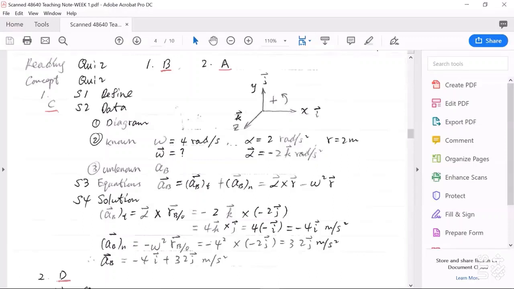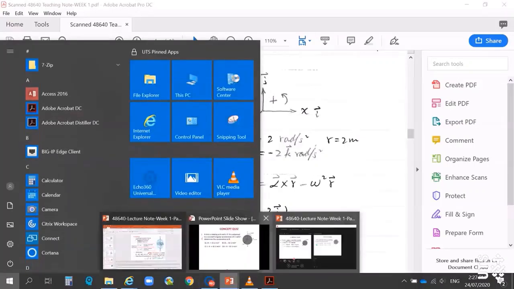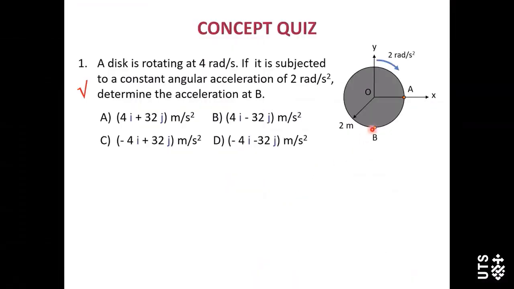That will be negative 2k cross product negative 2j. RBO's direction is from O to B according to the defined coordinate system. This is downward, negative.